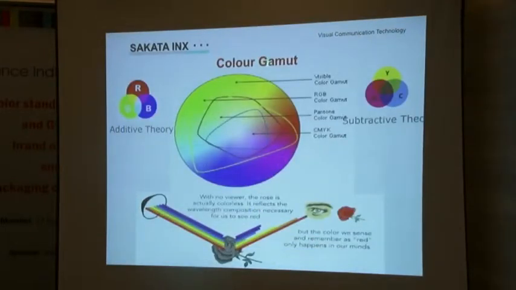That's why we say this gamut is RGB, which we see through our light. But when we want to transform this entire color gamut onto the substrate, we are left with only CMYK. This is because of the subtractive theory, and Mr. Steve has also explained why we do not use RGB to print on the substrate.